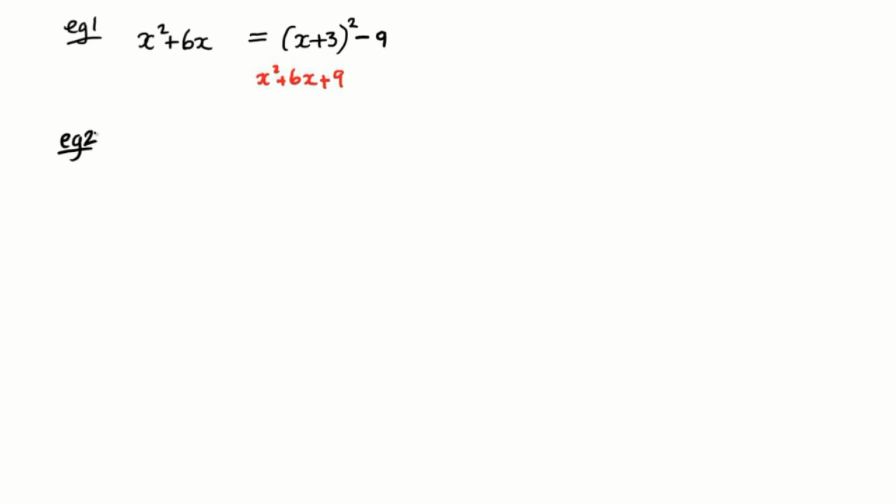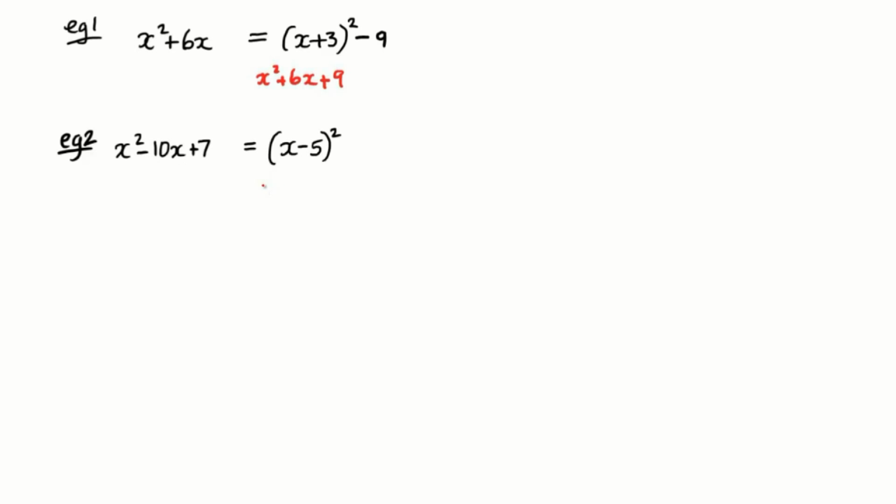Second example. X squared, take away 10x, add 7. My bracket starts off being that, and this is always going to be half of the x coefficient in your original expression, including the sign.